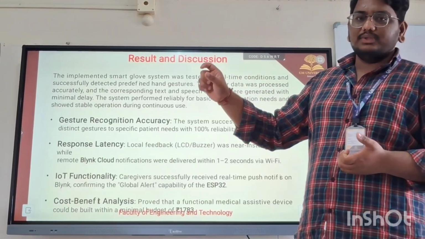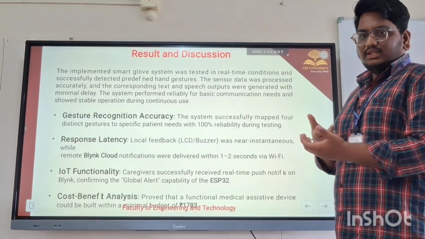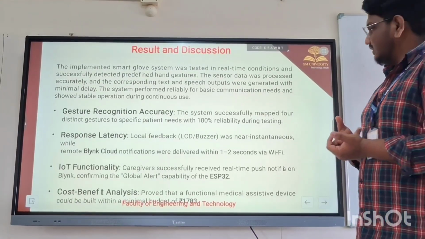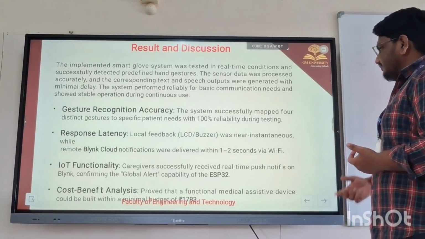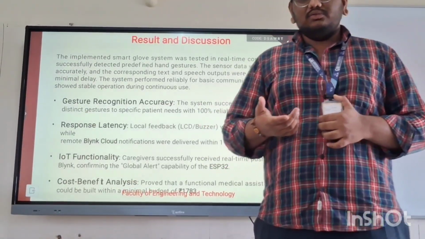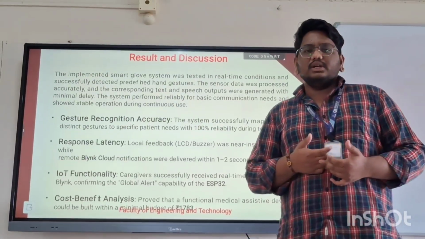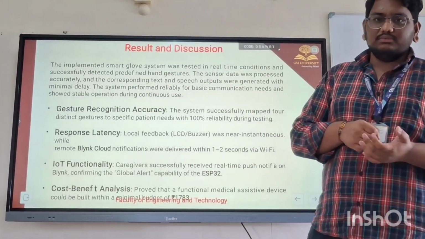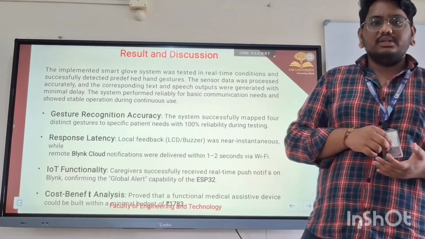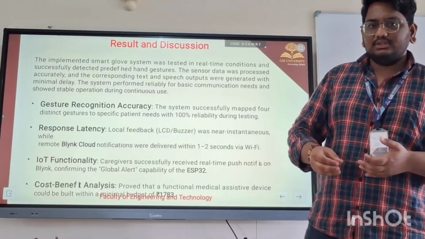We connect the ESP32 with our home Wi-Fi, and we can see in the application whether the person wants washroom, food, or emergency. And cost and benefits: it cost about 1,783 rupees. It is minimal. We can use it for all disabled persons who cannot speak, so they can convey their message to doctors or caretakers.